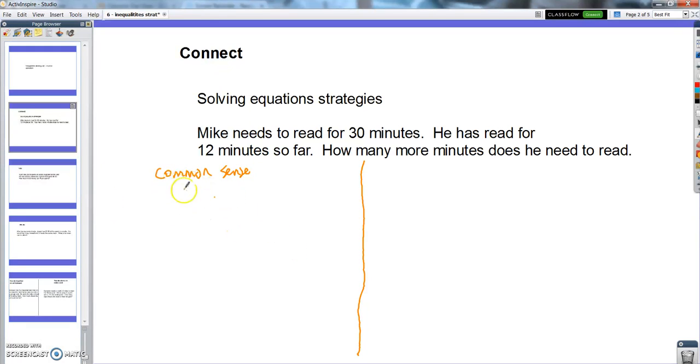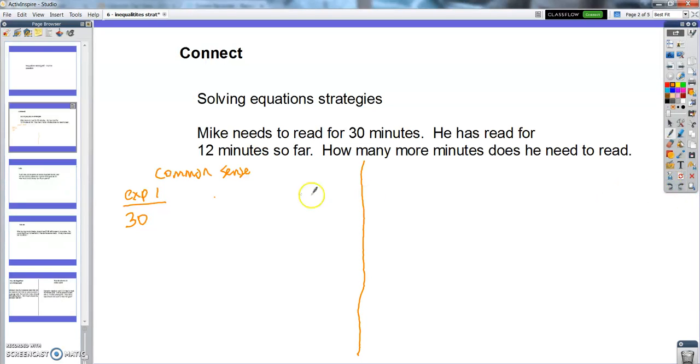So we said expression number 1 was his total amount of minutes, 30. And expression number 2 was what he's done so far. He's done 12, and we want to know how many more he needs to read.